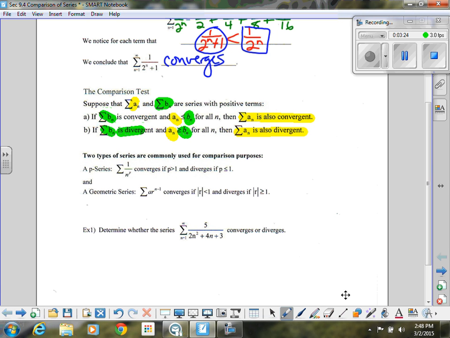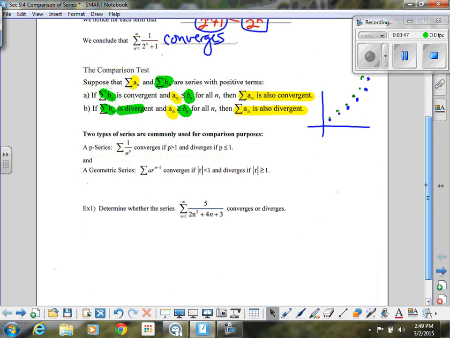If I've got some values that are diverging, so that would be like my b, my familiar series, and these terms are always greater, then won't those also diverge? So that's what we're saying in the comparison test.